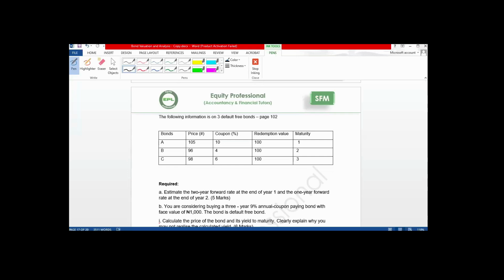We can now use bootstrapping, the approach we used last week, to get our spot rates.